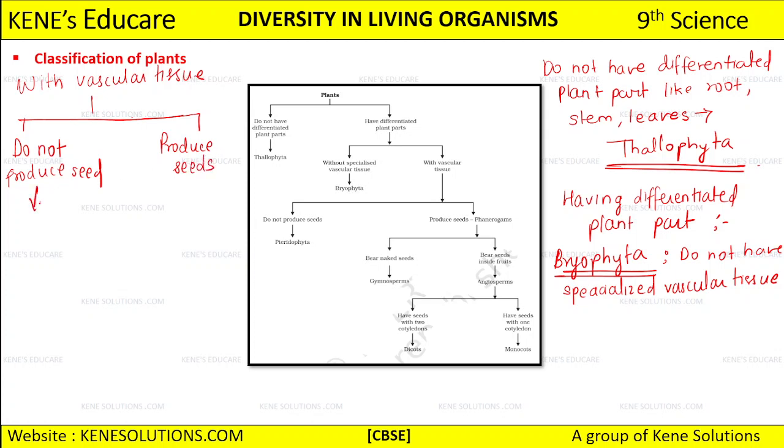The one who do not produce seed, it includes pteridophyta. Okay? What does it include? Pteridophyta. And the other one which produce the seeds, they are called as phanerogams. क्या बोलेंगे हम? Phanerogams. Now these phanerogams, they can again be of two types, where the seeds are naked, and other condition that you can have, where the seeds are enclosed inside the fruit.